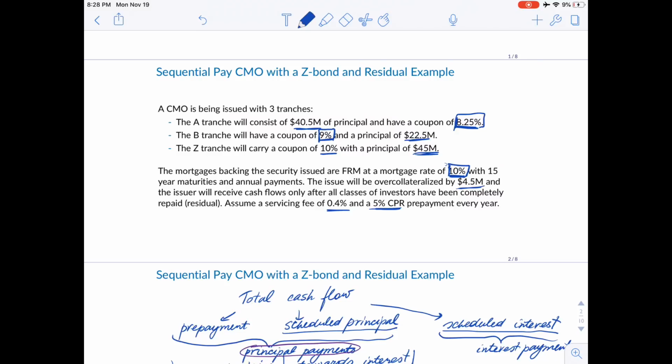In addition, once the A and B tranches and the Z are already paid out, then because there is some principal on the residual, there's going to be some principal remaining, provided there's no default, that will also go towards the residual once the principal on A, B, and Z are completely repaid.